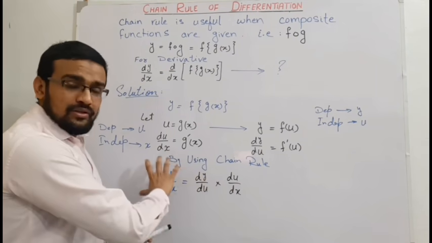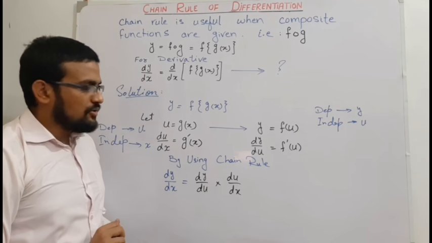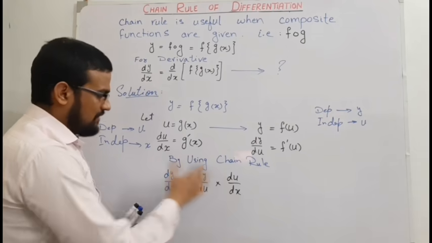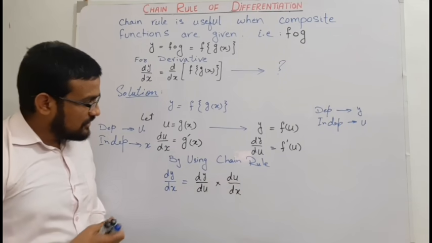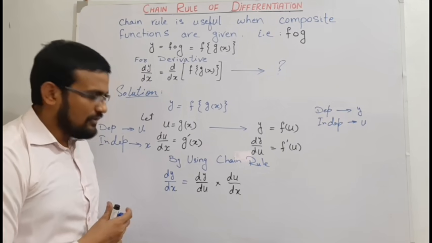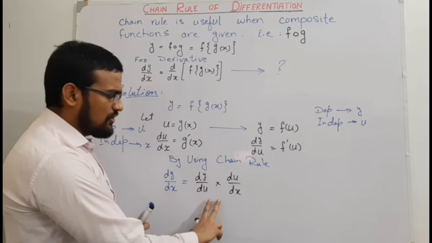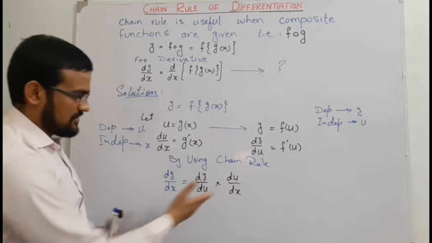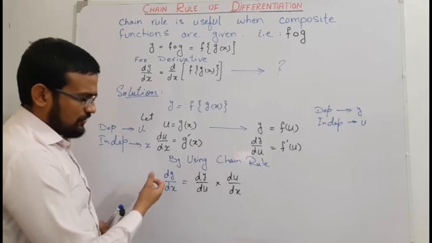There is a long proof of the chain rule. We will discuss it in the next lecture. This belongs to the limit topic, so we will discuss it next. dy over du times du over dx, du cancels, it means dy over dx, our requirement.